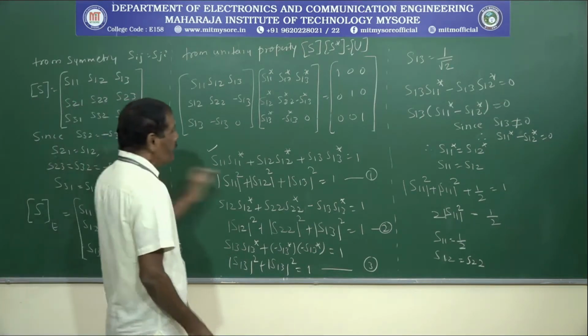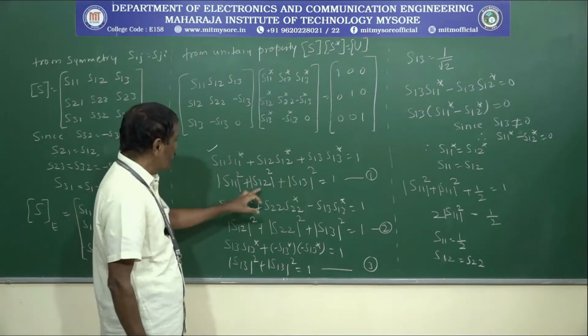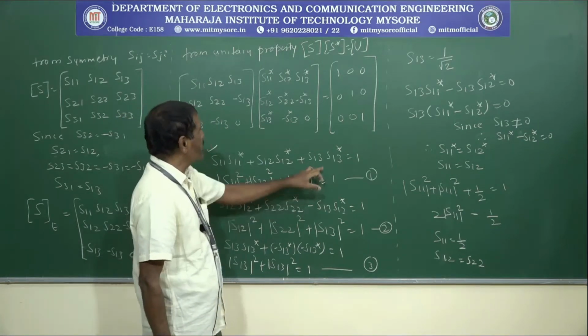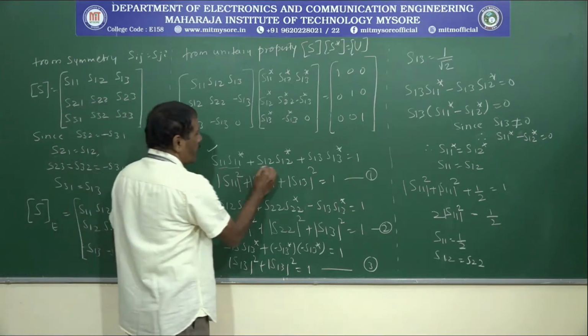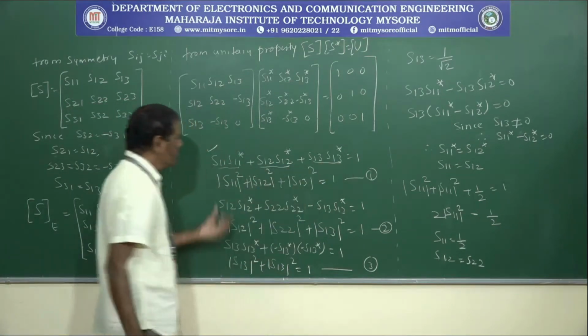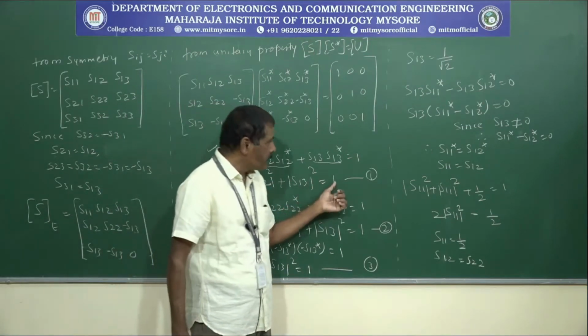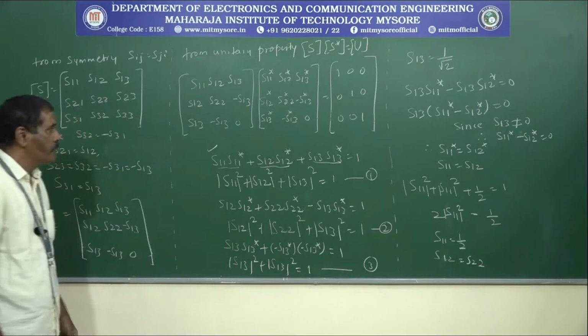Now here, we can write it as S11 square, and this I can write as S12 square, and this I can write as S13 square. So this is equal to 1, and I call it equation number 1.